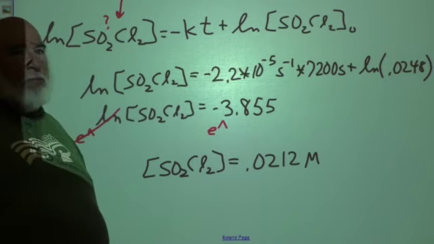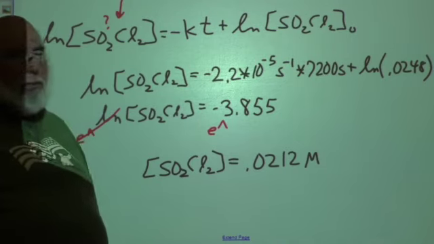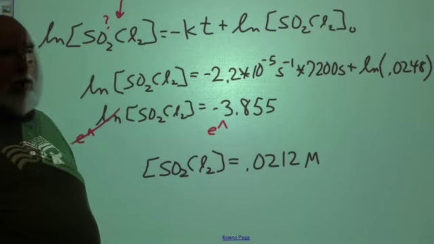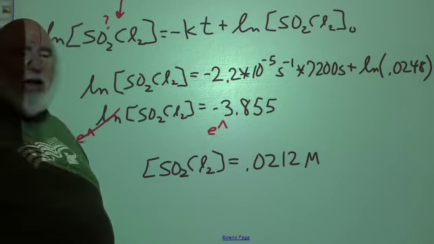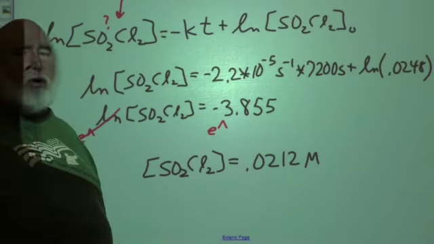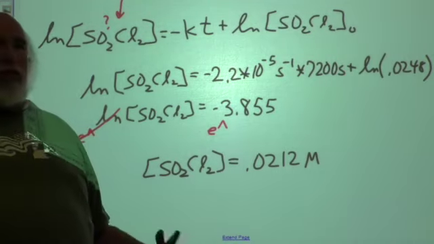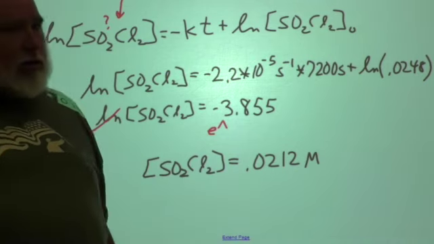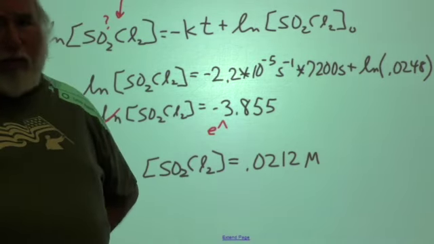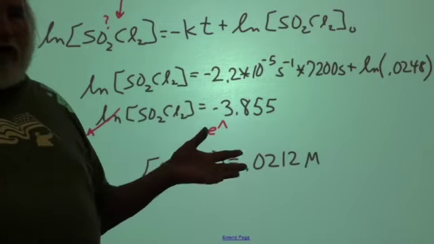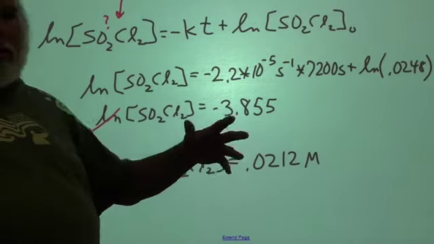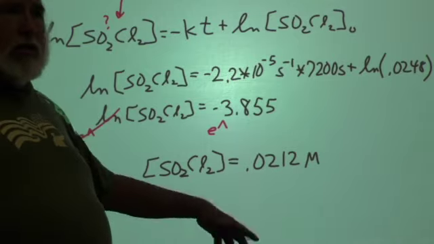Y equals mx plus b is a powerful tool. If we can turn any curve into a straight line, that makes life easier. Now your calculator does that for you, but I want you to understand that's why you have all these options in your calculator for coming up with values, and they give you different types of equations. Well, one is logarithm, and there's hyperbolic.